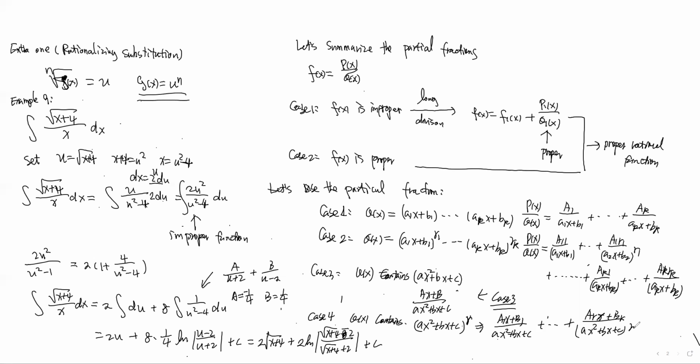If your denominator contains terms lying in case 1, case 2, case 3, case 4, you just handle each case separately, and then you write it as a partial fraction. Just check the examples I wrote before, right? So this is partial fractions.